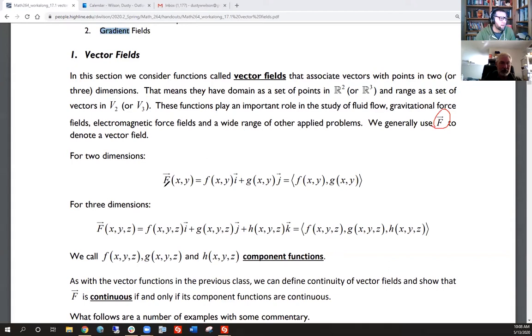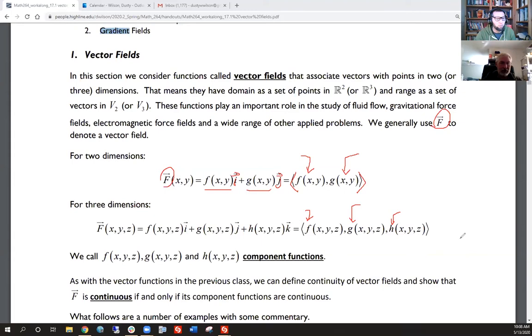For 2 dimensions, big F would be equal to little f times i plus little g times j, or if you like the angle brackets, you can think of it as having an f function giving you the x components and a g function giving you the y components of your vector field. 3 dimensions is the same, except now you have f for x, g giving you the y's, and h giving you the z's. We call these f, g, and h the component functions.